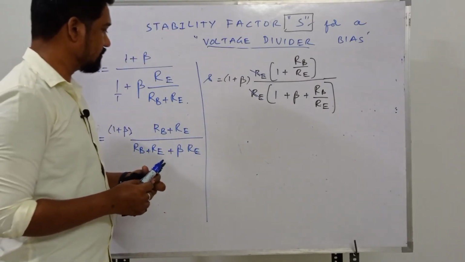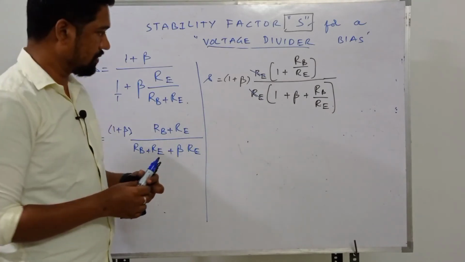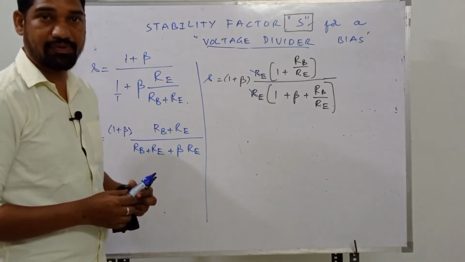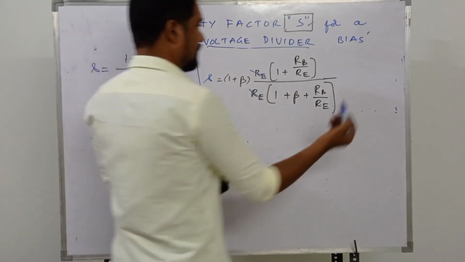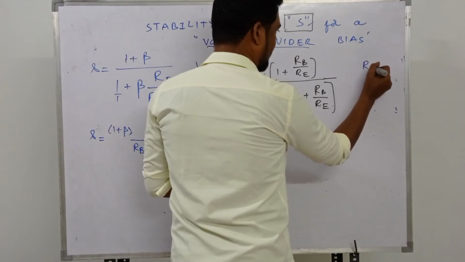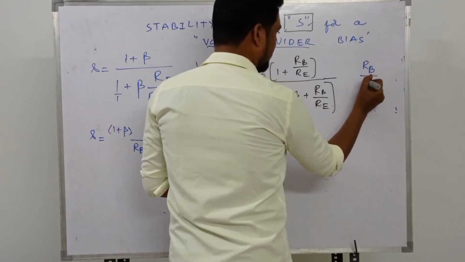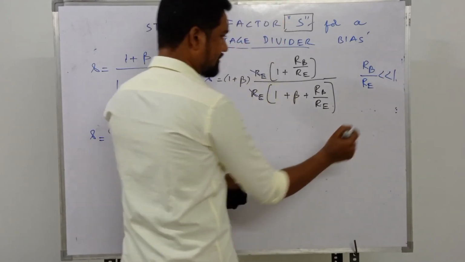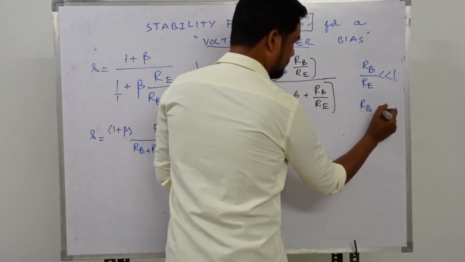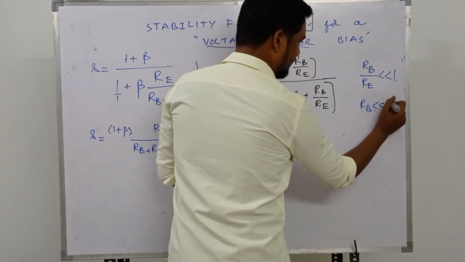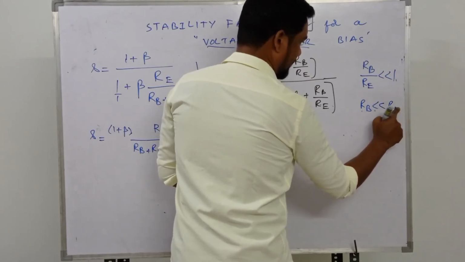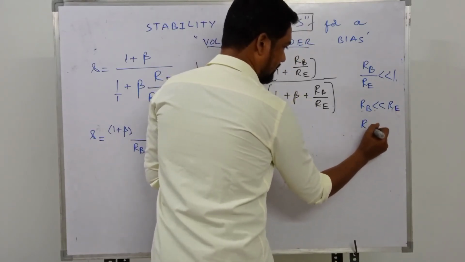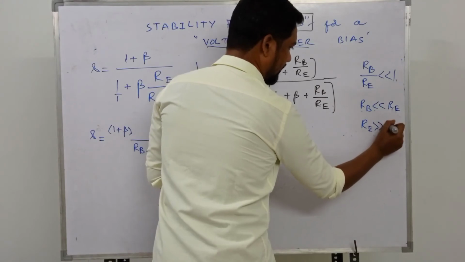So if we could have a design, if we could select the values of RE in such a way that the ratio RB by RE is very much less than 1, in the sense RB is very much less than RE, or else RE much greater than RB.